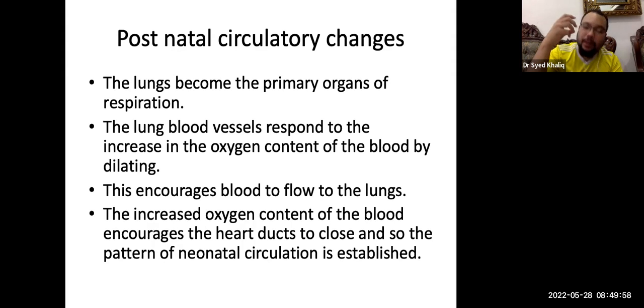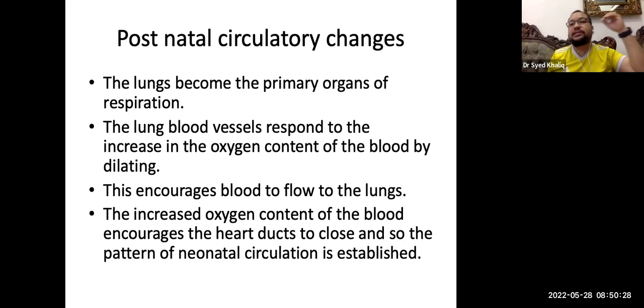Because of persistent pulmonary vasoconstriction, and because the ductus arteriosus remains open. When the pulmonary pressure remains high, there will be persistence of the right to left shunt, because on the right side the pulmonary pressure remains high.